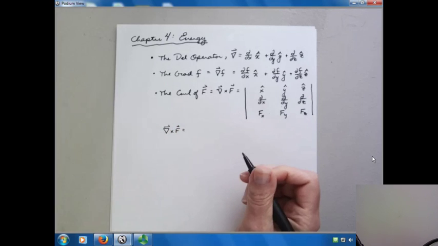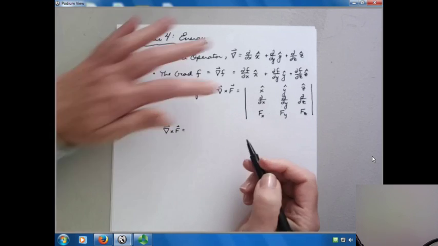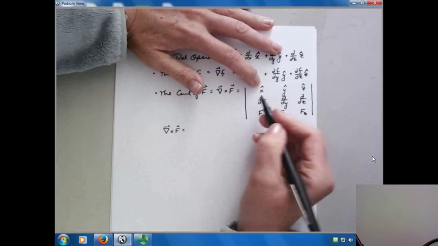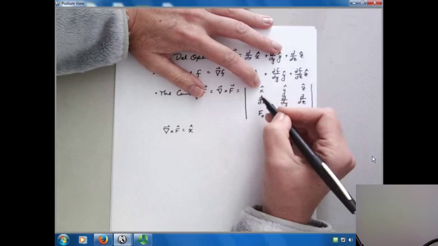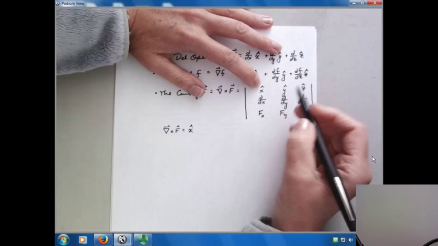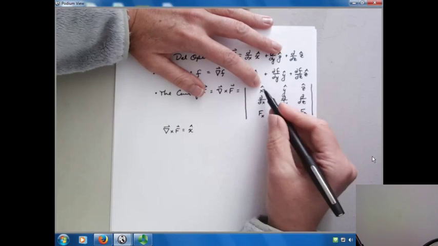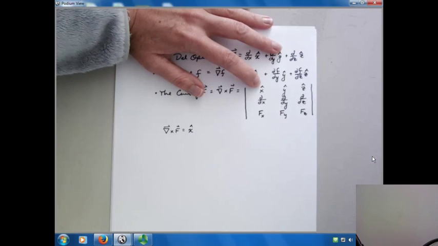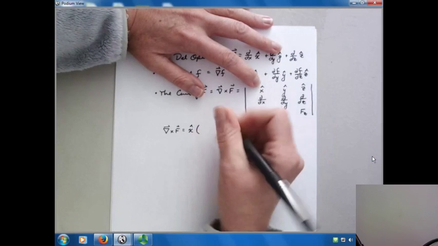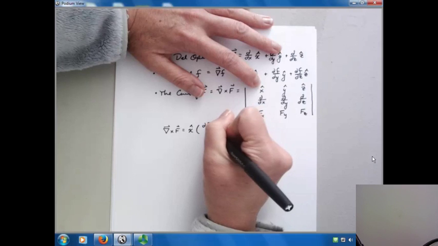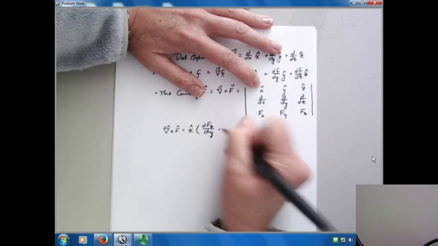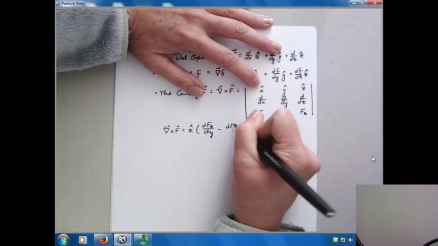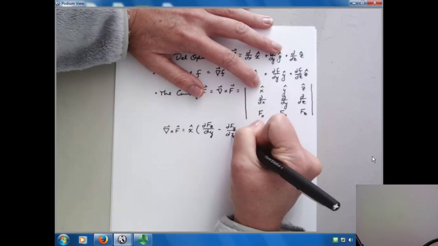In order to evaluate that, I know we've already done cross products, but I'll just illustrate this again. That gives me x hat times the 2 by 2 determinant that is left over if I take out its column and row. So that is dfz/dy minus dfy/dz.